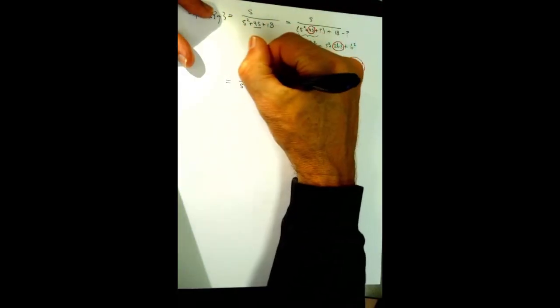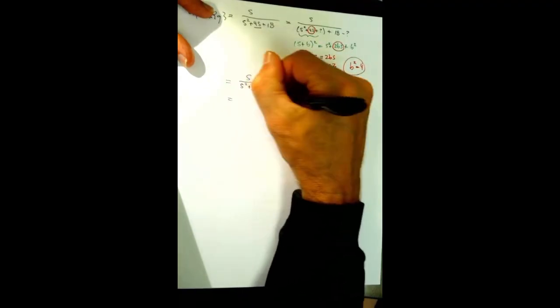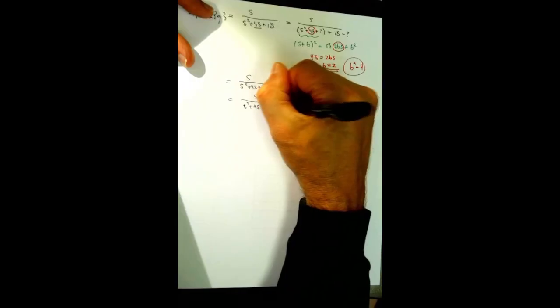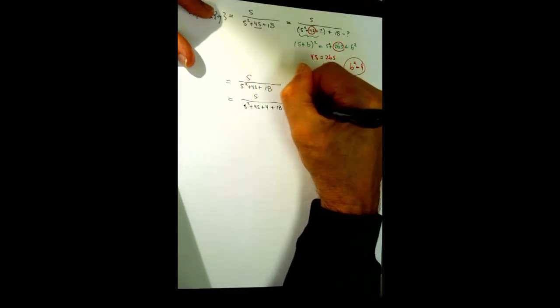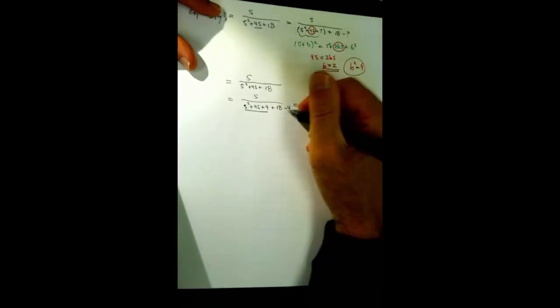So my original expression was s over s squared plus 4s plus 18. If I add the 4 and then subtract the 4, this looks like s plus 2 squared, and 18 minus 4 is going to be 14. Okay.